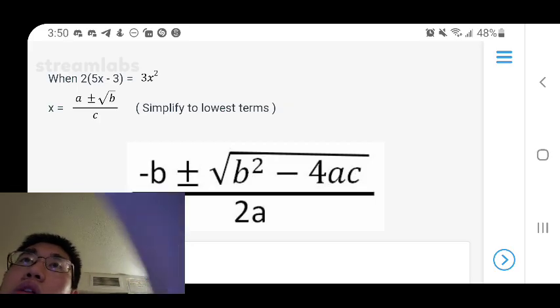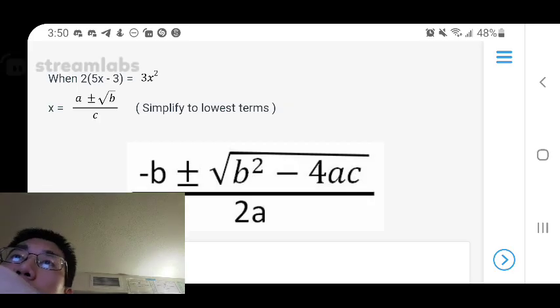It's been a while. I was close. Ax squared plus bx plus c is the standard form. Why is it still wrong?